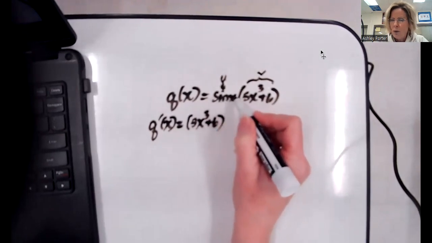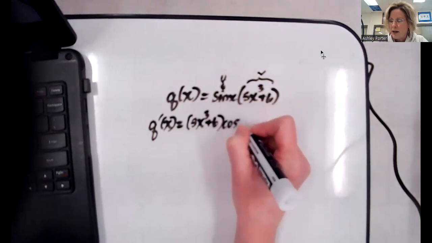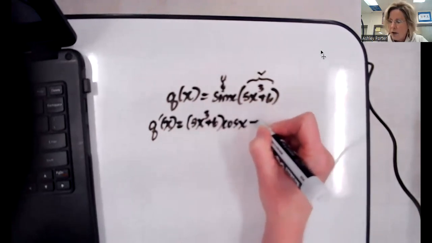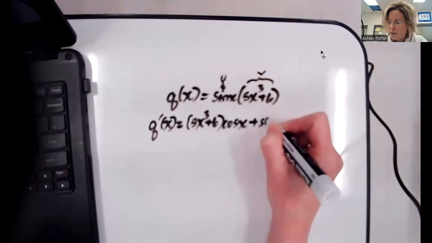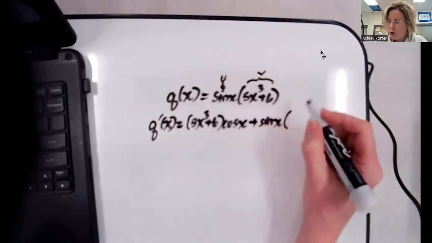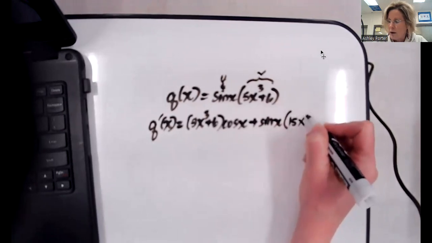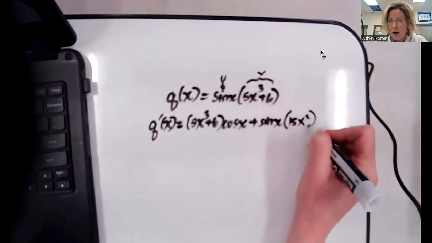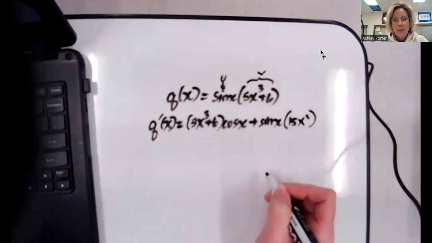Do you remember what we got as the derivative of sin x? If you just answered cosine x, you are spot on. Plus u dv, the derivative of 5x cubed is 15x squared. The derivative of plus 6 is 0, so I'm not going to say plus 0.